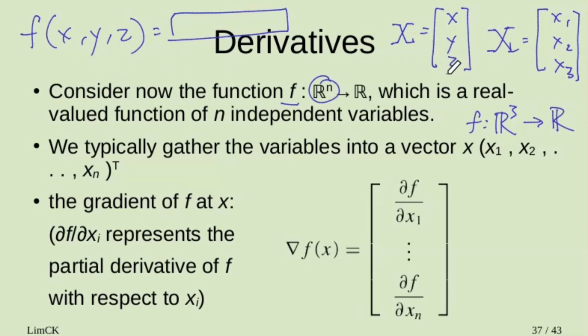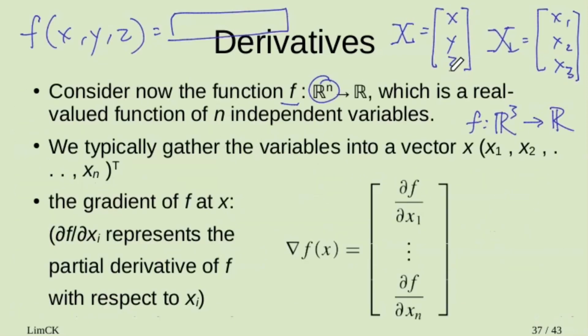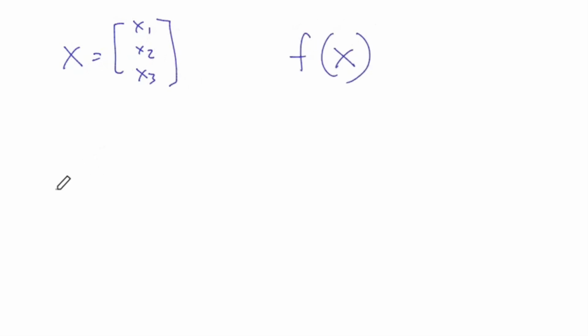For the case where the function has a vector as input, the gradient, or the derivatives of this function, is given as follows. If x is a three variable function, x1, x2, x3, and we have f of x, one thing is we also can write the derivative as this one, nabla.